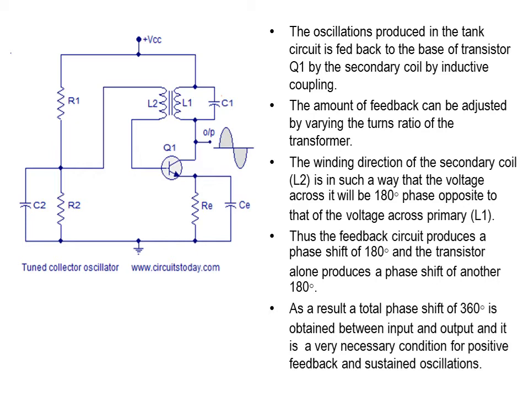That means when the input is increasing, the output will be decreasing. That is because of the common emitter transistor configuration and transistor action. Already there will be a 180-degree phase difference between the input and output because of the presence of Q1. Now what we have to see is how we provide an additional 180 degrees so that it will make 360 degrees and positive feedback is ensured.